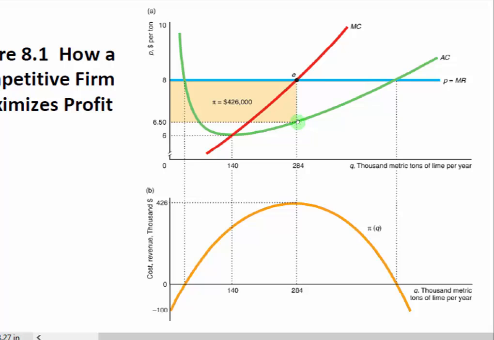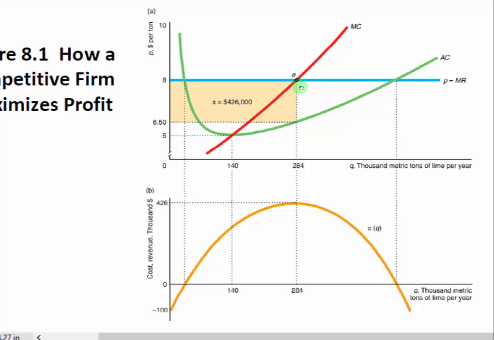So, in this picture, what we can see if the firm produces 284 units is that each unit sells for $8 and the average cost is $6.50. So the profit margin for each unit sold is 8 minus 6.5, which is $1.50.